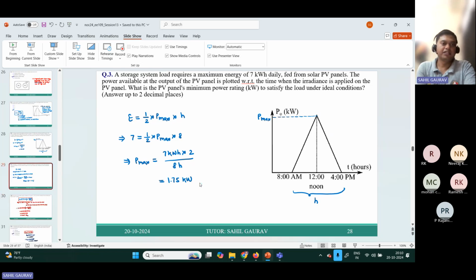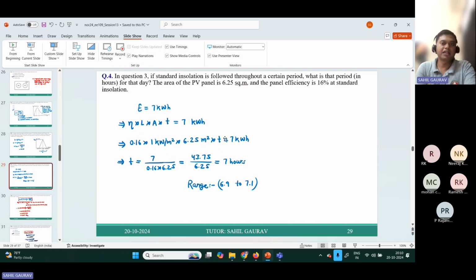Now coming to the next problem. In this next problem, they are asking what is that period for that day if this standard insolation is followed throughout a certain period. We know that a standard insolation is 1 kilowatt per meter square. So this is the standard insolation, and it should be multiplied with area, and the area of the PV panel is 6.25 meter square to get the power, and to get the energy you have to multiply with time.